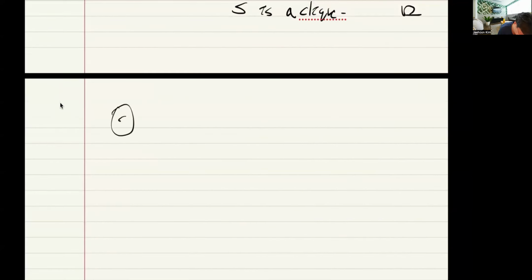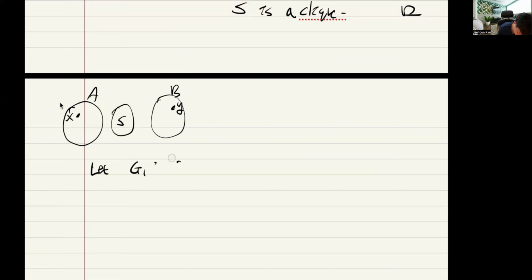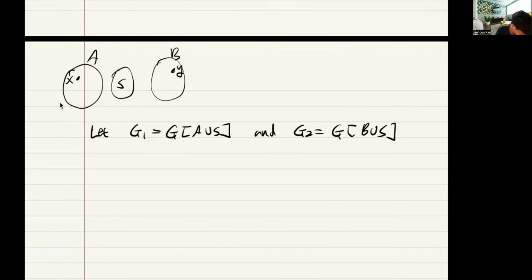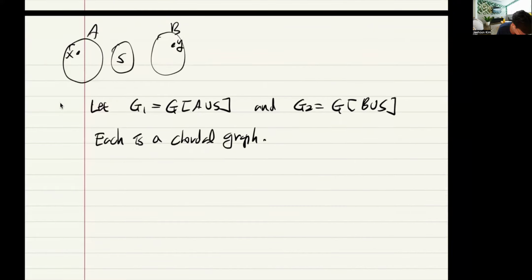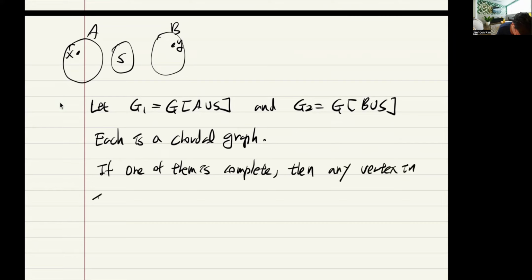Now you have F, which is a clique. You have this A, and then you have this B, containing X and Y. Let G1 be the induced subgraph of G consisting of A and F, and G2 be the one consisting of B and F. Each of these is a chordal graph because they are induced subgraphs of G. If one of them is complete, then any vertex in it outside S is simplicial.